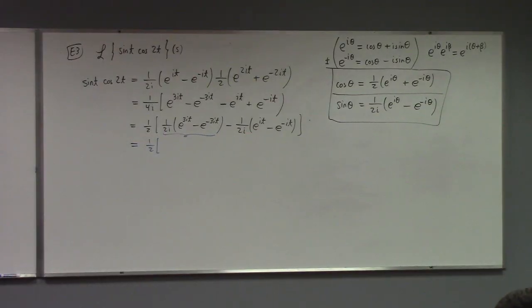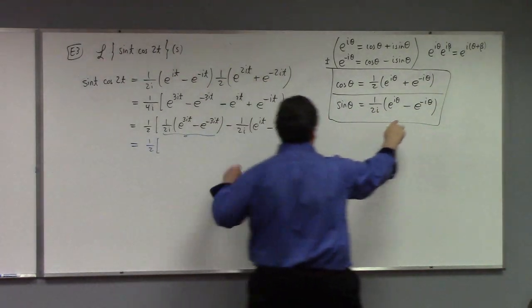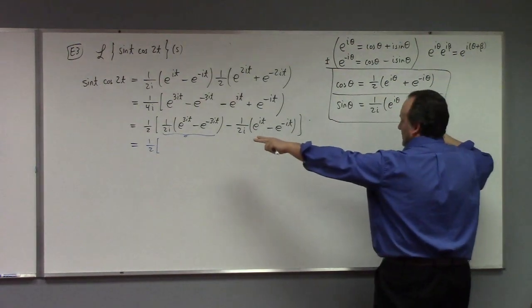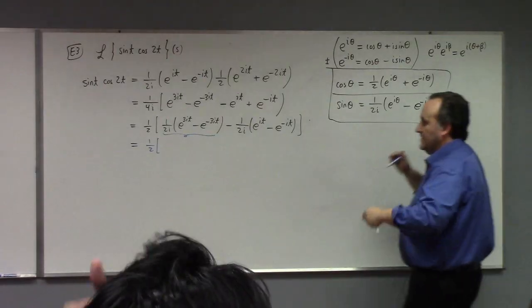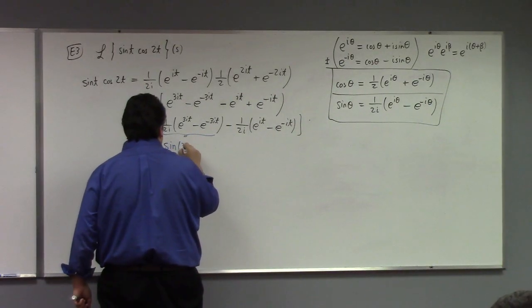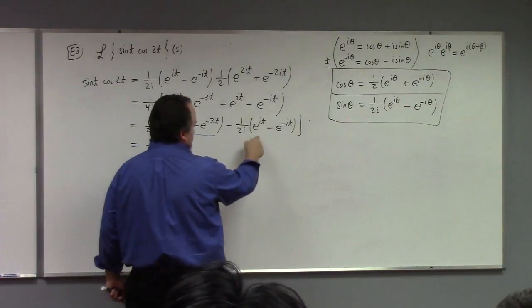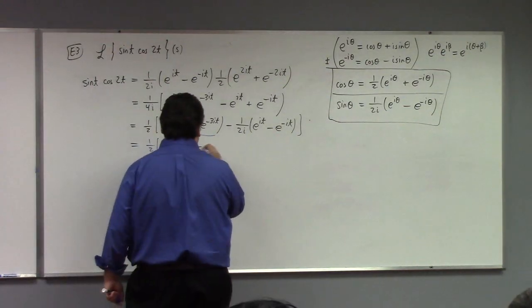That's sine of what? Match the pattern, what you got? Sine of 3t, right. So we get sine of 3t, and this one is simply sine of t. But there's a minus, so minus sine of t.